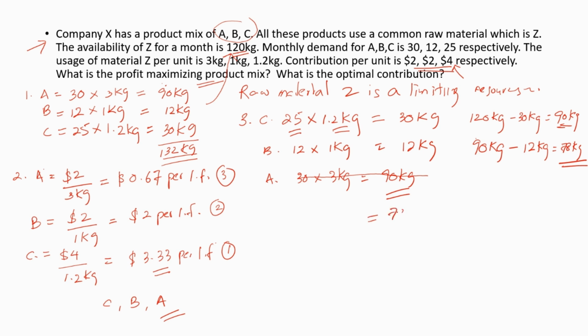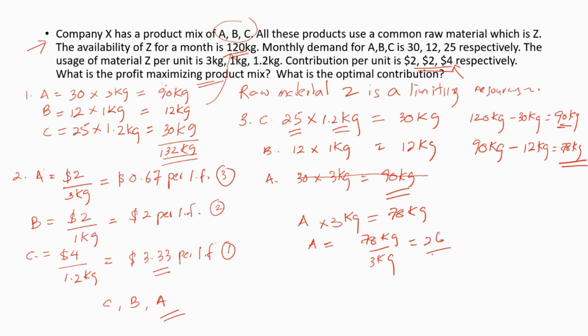So we have 78 kilograms with us. We know that product A uses 3 kilograms per product. Now we have to calculate the amount of product A. Let's denote this as A. So A is equal to 78 kilograms divided by 3 kilograms, which is equal to 26.